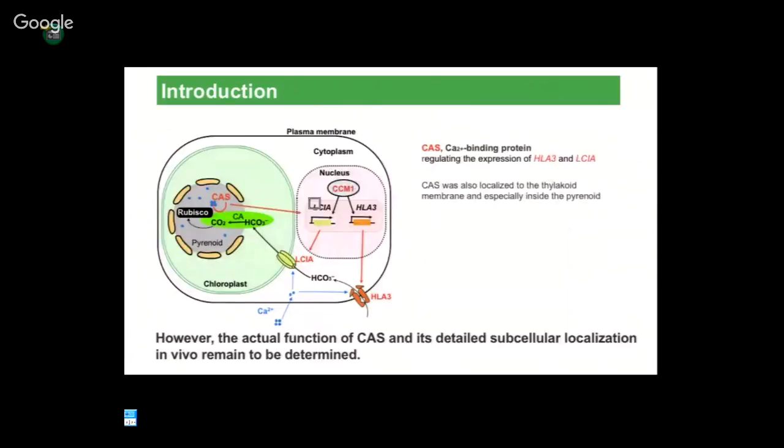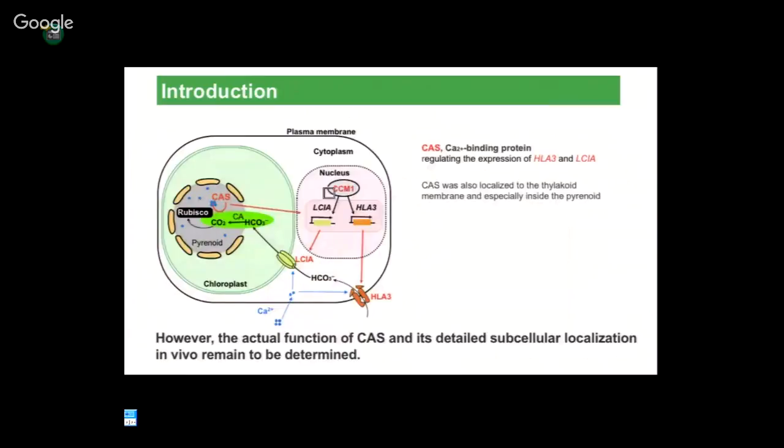Some thylakoid membrane penetrates into the pyrenoid. It is the pyrenoid tubule. Chlamydomonas CAS regulates nuclear encoded genes related to the CCM, such as HLA3 and LCIA. CAS mediates retrograde signaling systems from the chloroplast to the nucleus.